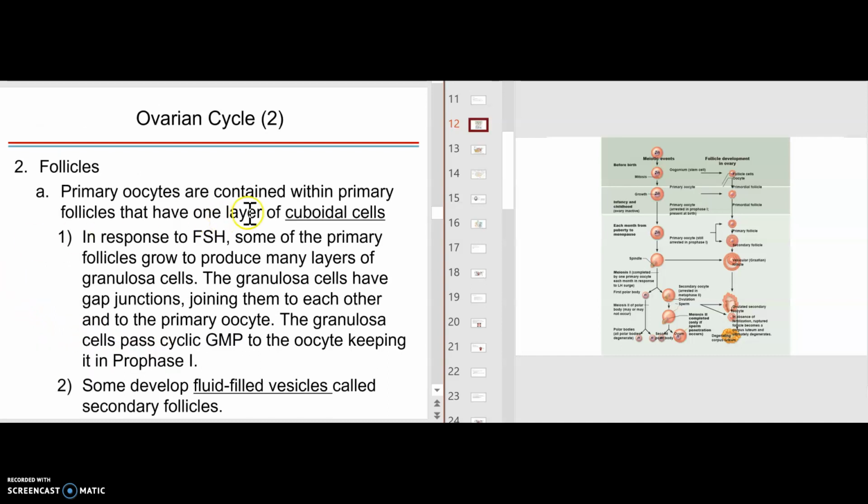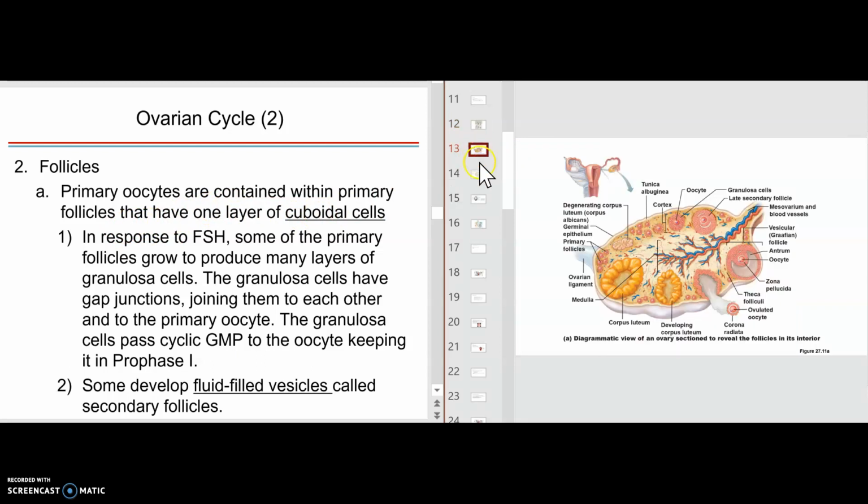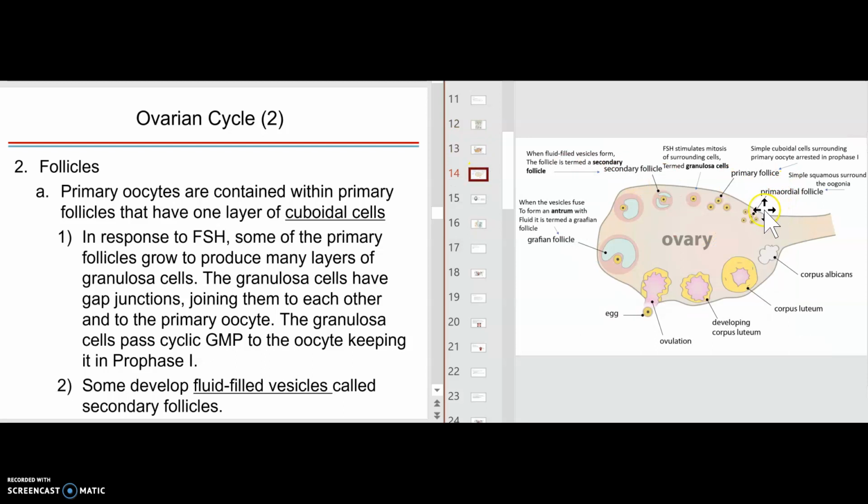Okay, we go a little further. The follicles, primary oocytes, are contained within the primary follicles that have one layer of cuboidal cells. So I'm going to come here now. What has happened is the primary follicle has a primary oocyte in the center of it, arrested in prophase 1, but the cells have gone from this simple squamous type to cuboidal.